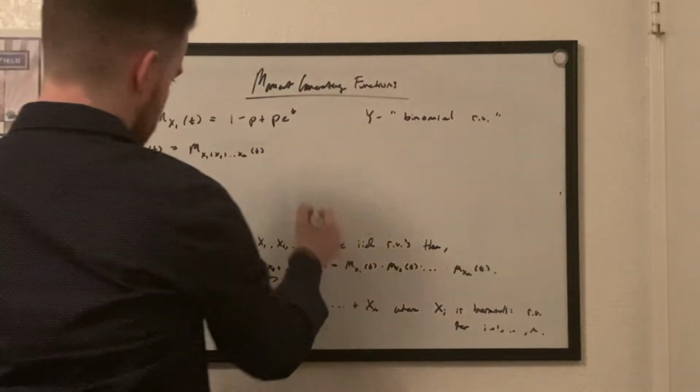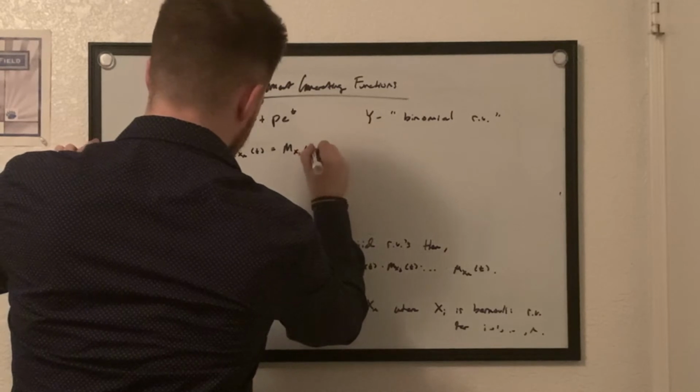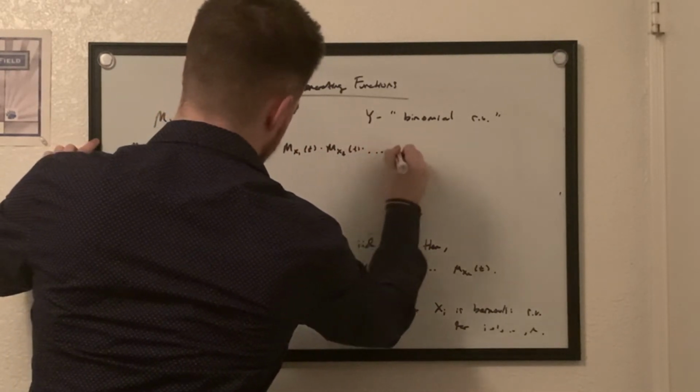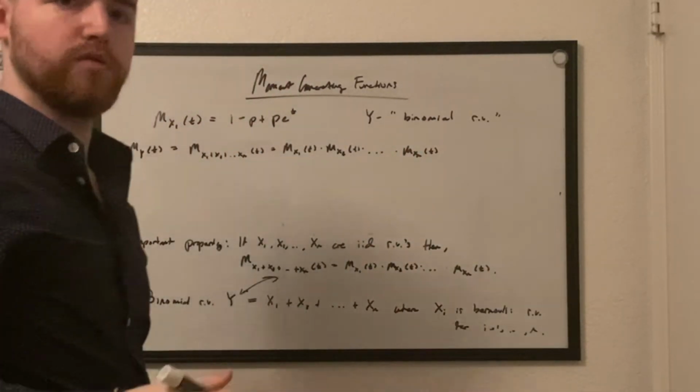We can use this property and say that's M_X1 of t times M_X2 of t all the way to M_Xn of t for n Bernoulli trials.